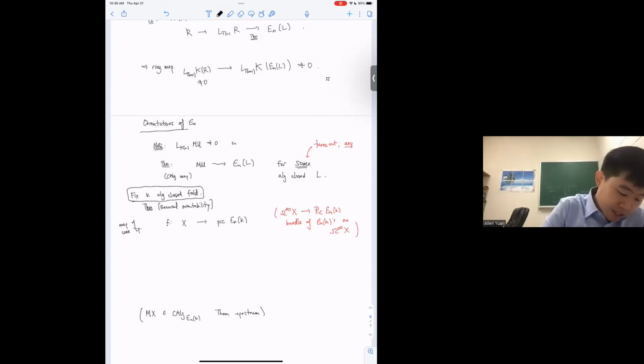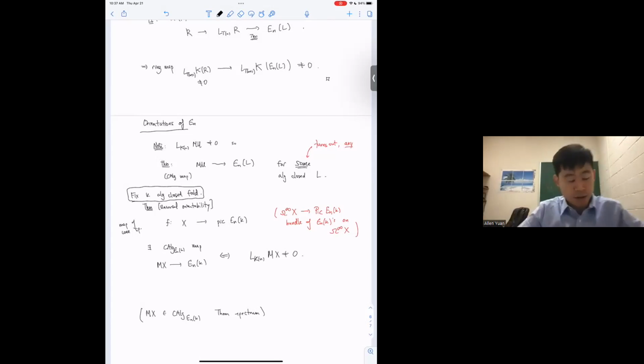And in this situation, the theorem asserts that there exists a commutative E algebra map from MX to the Lubin-Tate theory if and only if the Kn localization of MX is not zero. In other words, the only obstruction to having an orientation is if you're Kn locally zero as a ring.